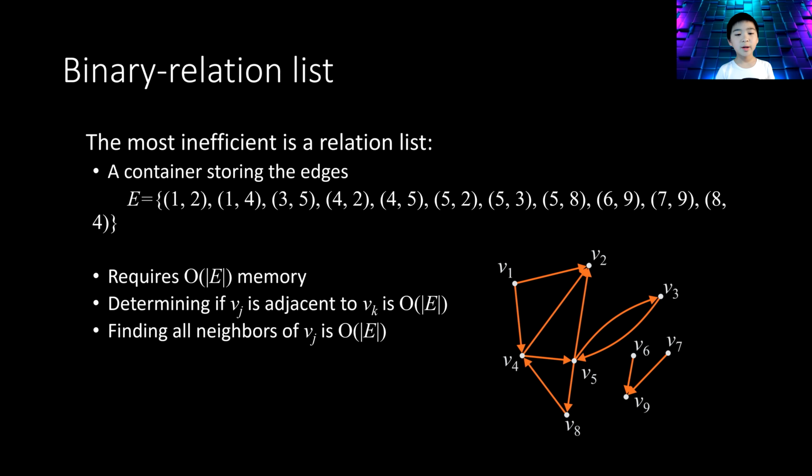And if we want to find all the neighbors of vertex J, it'll also be in the order of the size of E runtime. So if this implementation isn't efficient, we need a better way to implement a graph.